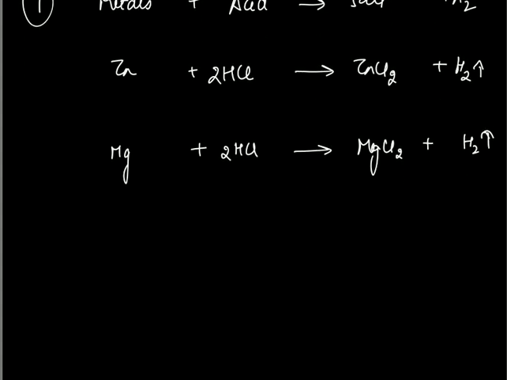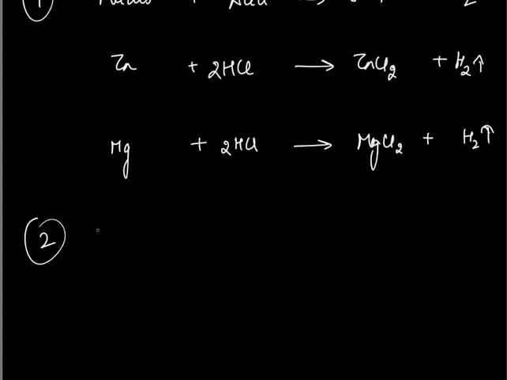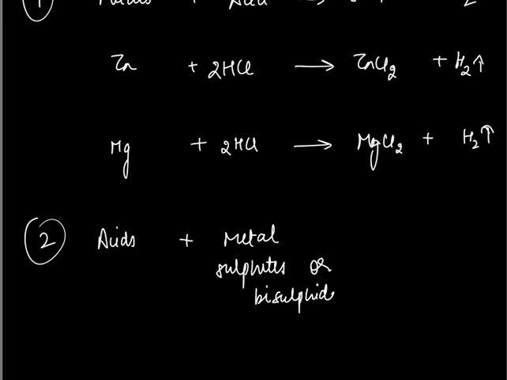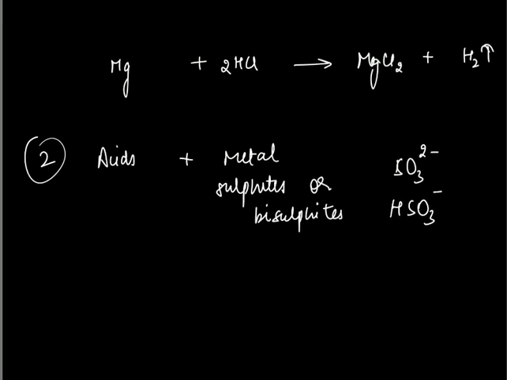Then, second reaction, we have acids reacting with metal sulfites or bisulfites. So, if your memory serves, sulfite is this, that is SO3 2 minus. Bisulfite is HSO3 minus. So, these ions we are talking about.